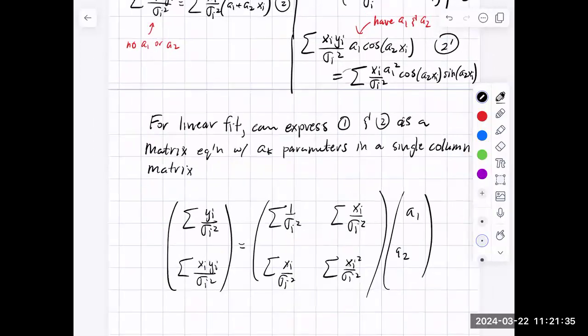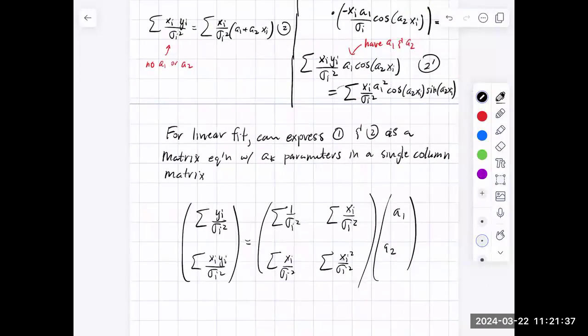Okay, and so I've got equation 2 on the screen here. If we were to do this times this, we would have xi over sigma i squared times a1.